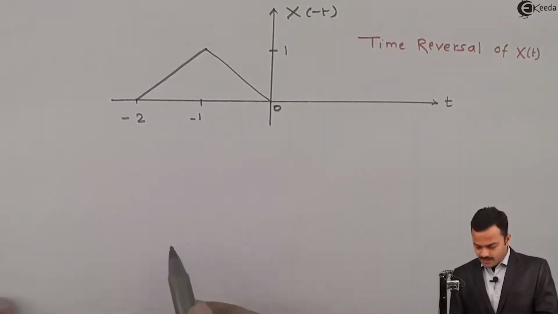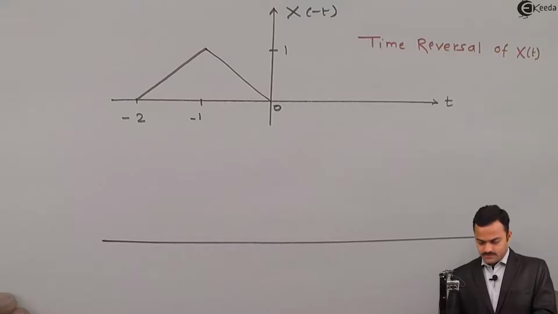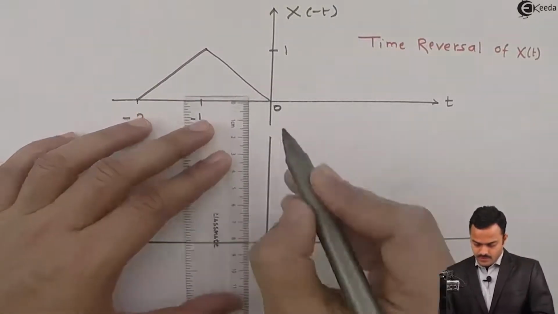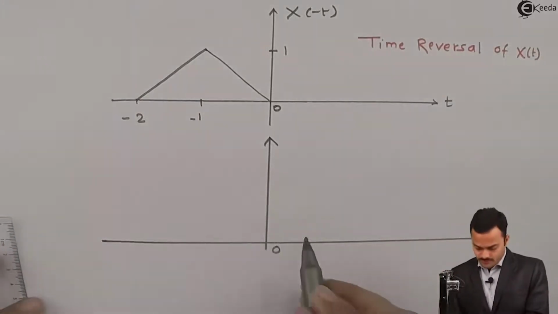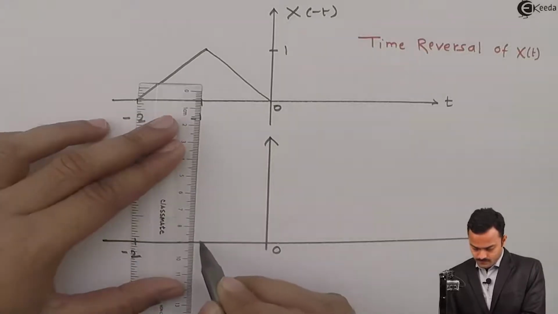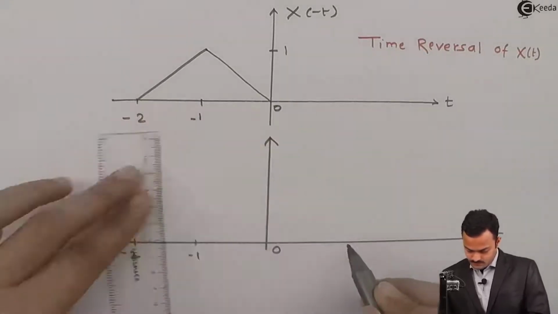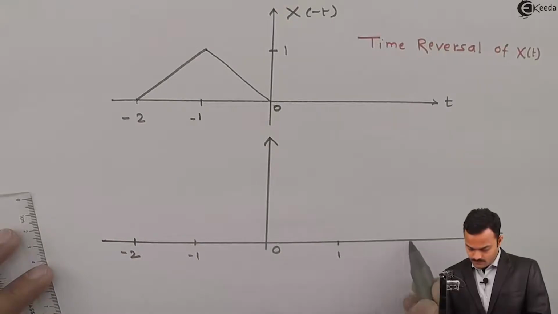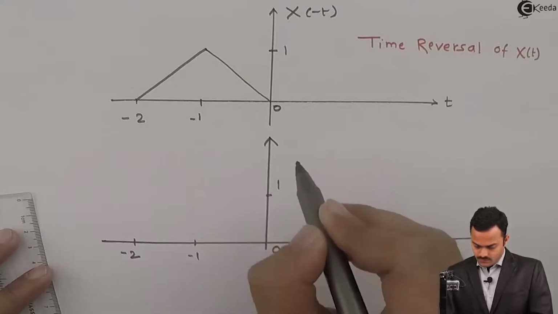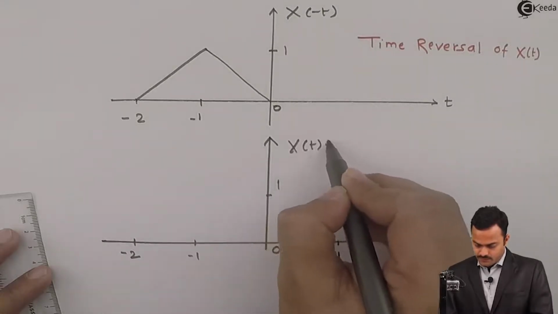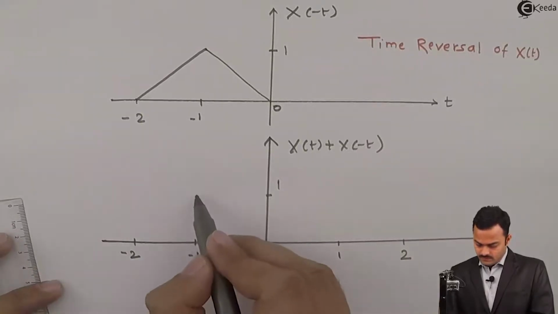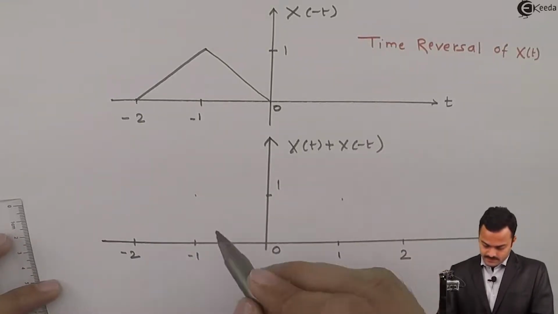So I can simply add to get a new signal, which will have the span from minus 2 to 2. So x of t plus x of minus t will get like this.